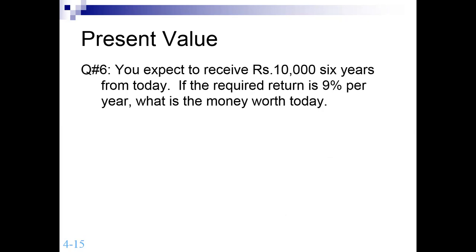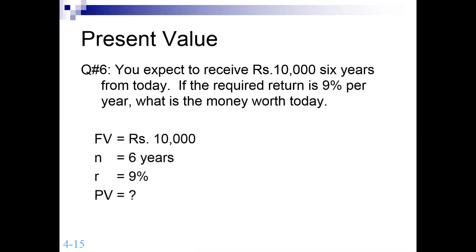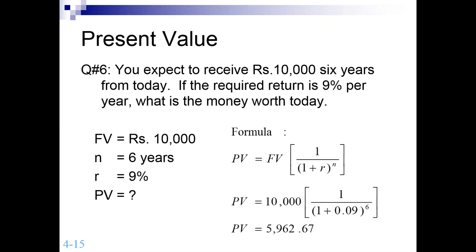You are actually trying to find out present value. So this is the data which we can establish with the help of this question, and later on you can see there's the formula you will apply, and you can get the answer.